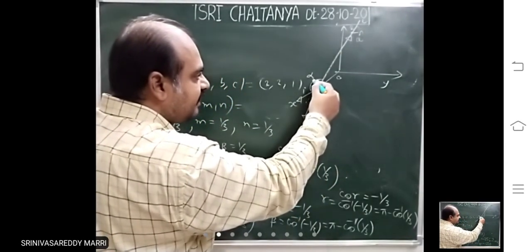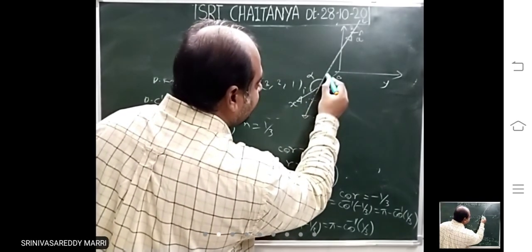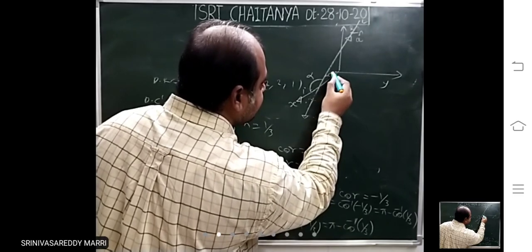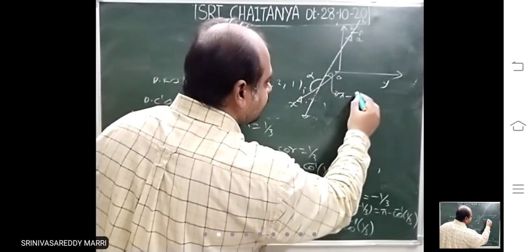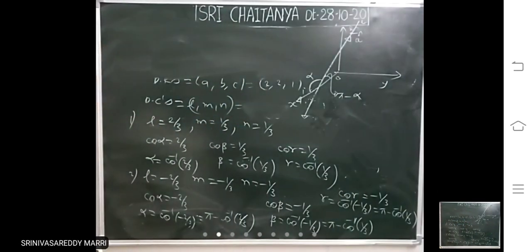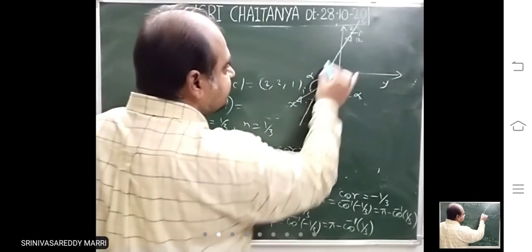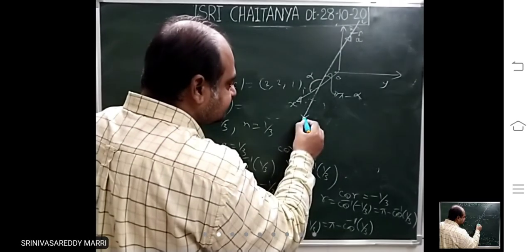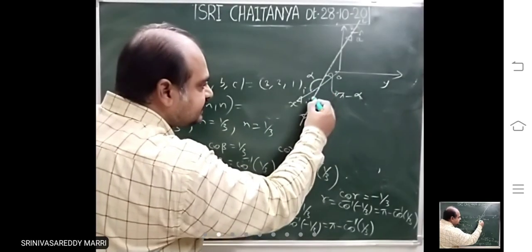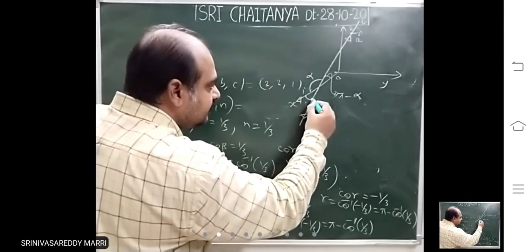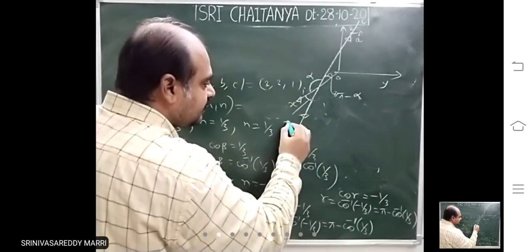Another angle is there. This line will also make this angle, which is pi minus alpha. If you take this direction instead of that direction, the angle between this direction and this direction is pi minus alpha.